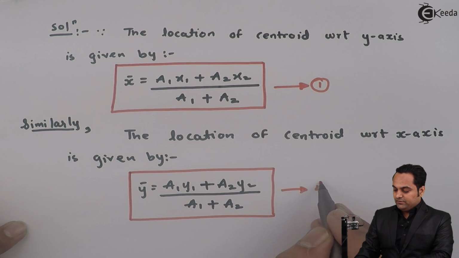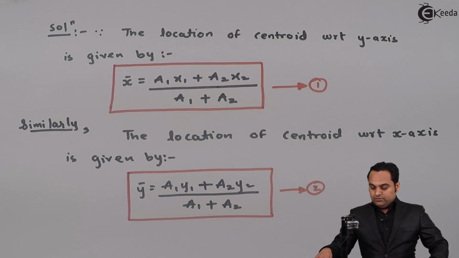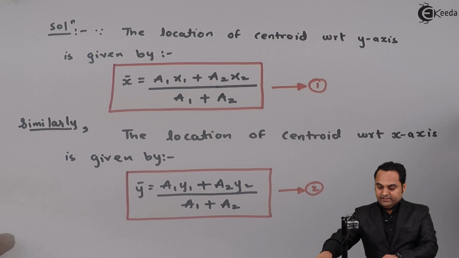This will be the second equation. Now we need to find out all the values here. So first we'll get area 1.